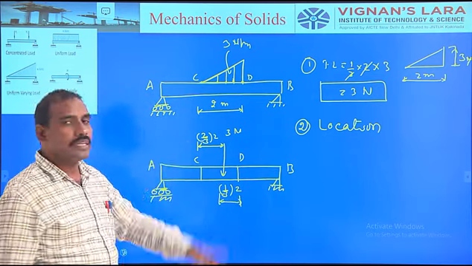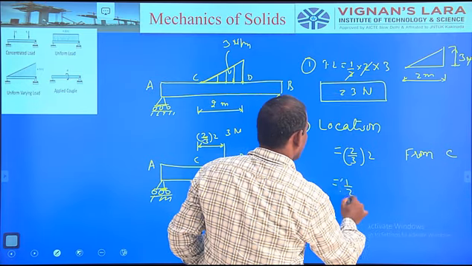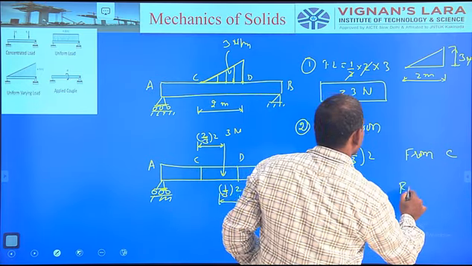So this is the procedure for calculation. The location is 2/3 of 2 from the end C, or 1/3 of 2 when measured from D.